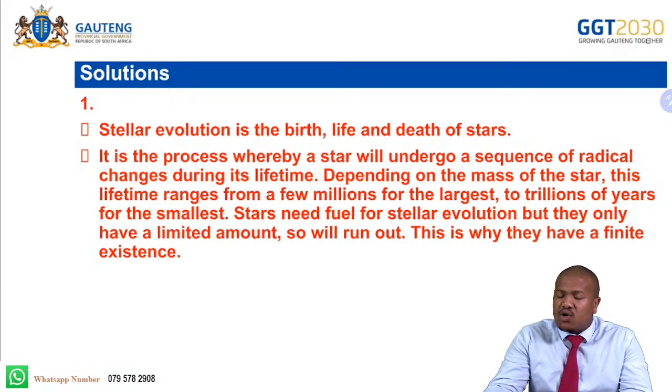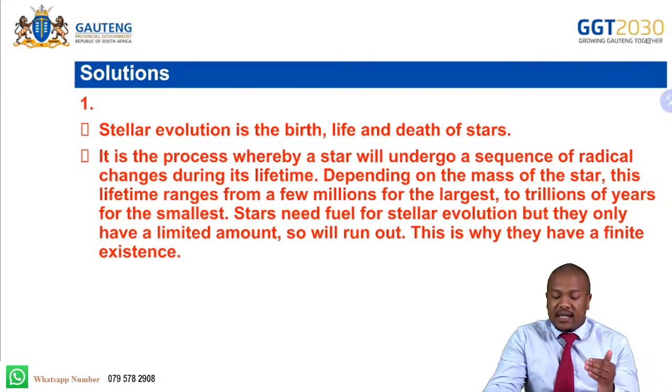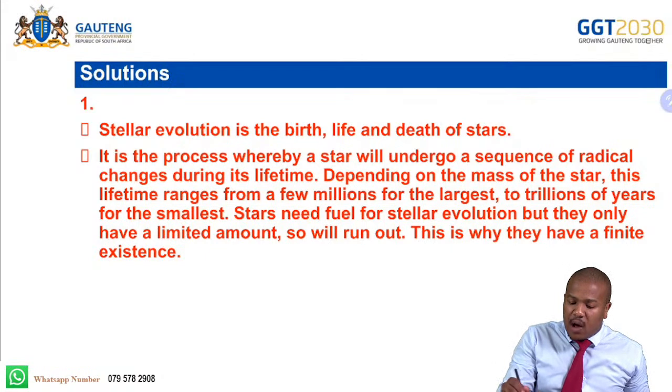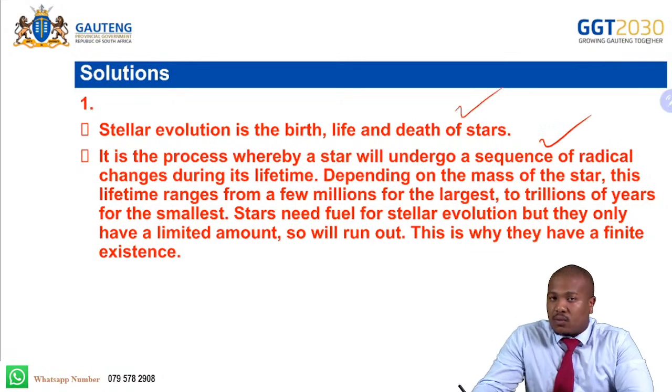Stars also need fuel for stellar evolution, but they only have a limited amount, so they will run out. This is why we say it is a finite process, or that they have a finite existence. Now just take a minute to copy down this statement as your correction, then we'll move on to number two.